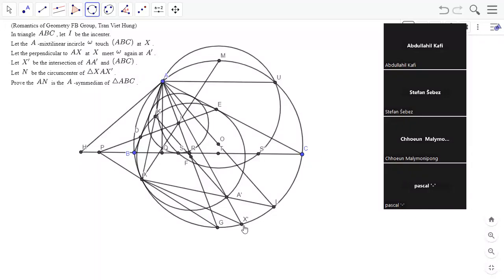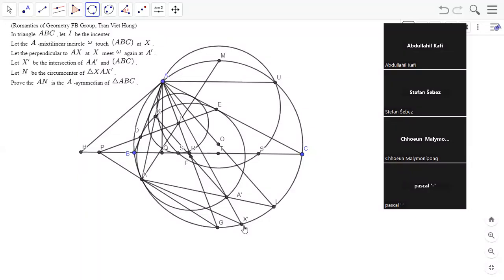How do we know that X prime goes to S? Since inversion preserves cross ratio, and we have those two pairs of harmonics, QSRS prime and XGX prime L, that's why we know that X prime goes to S. XGX prime L is harmonic, which is what we showed earlier.